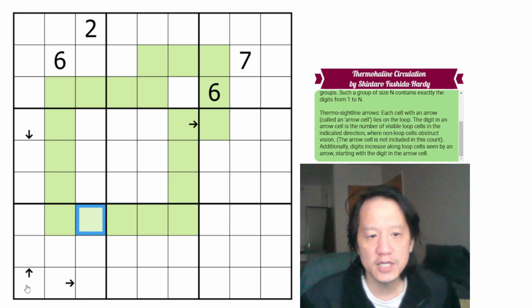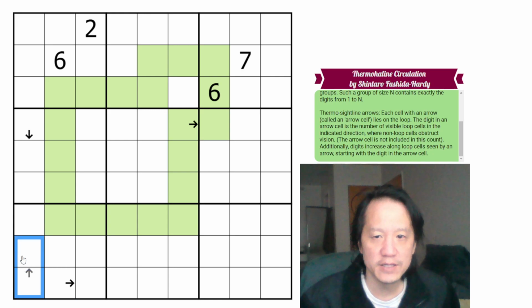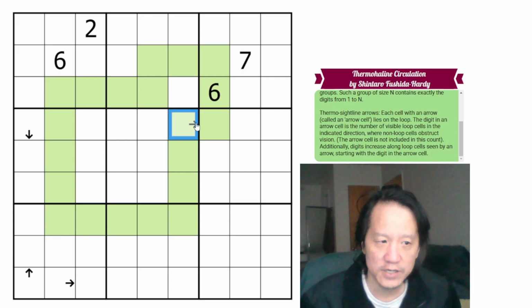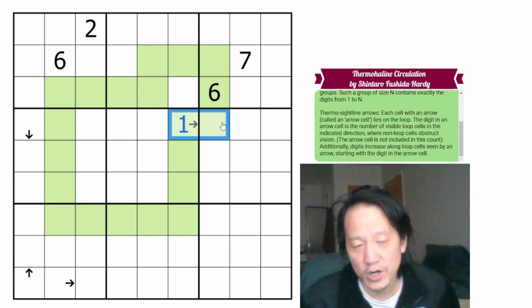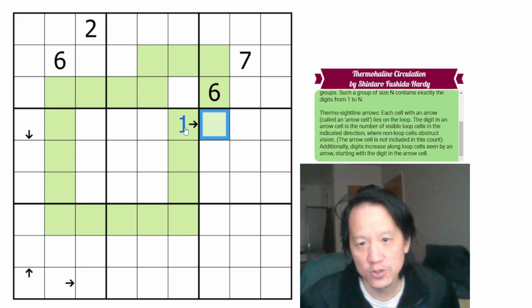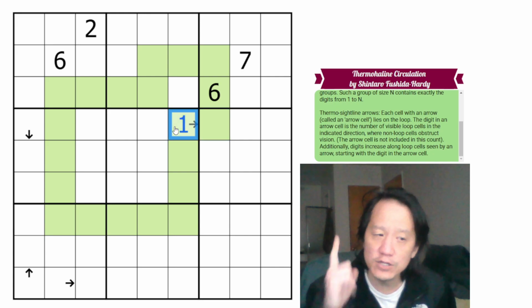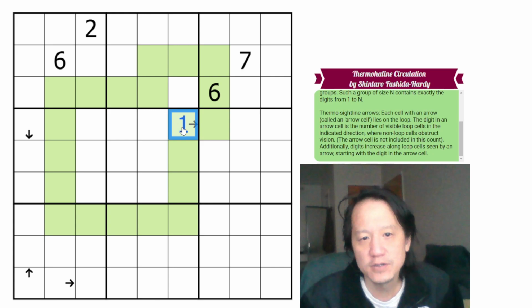A digit in the arrow cell is the number of visible loop cells in the indicated direction, where non-loop cells obstruct vision. So, for example, say this is actually on the loop. This would then be 1 because it only sees one other digit on the loop, because the arrow cell is not included in the count, right?